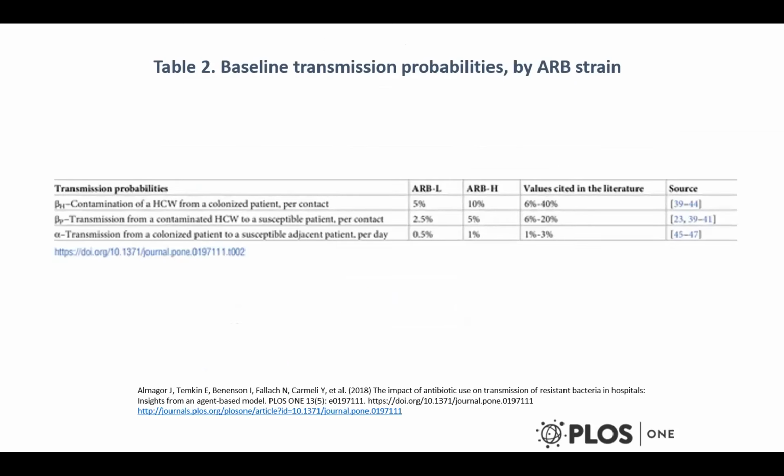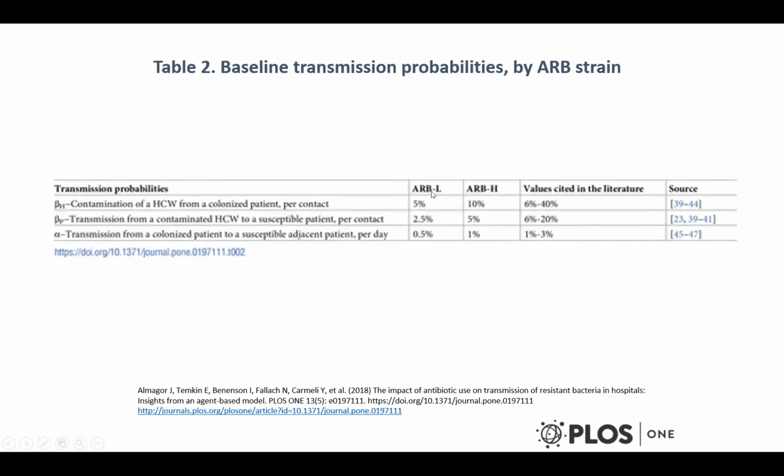If you look at some of the baseline transmission probabilities, they've got a couple of strains that they're talking about. So you've got ARB L and ARB H, antibiotic-resistant bacteria. L is low risk of transmission, H is high risk of transmission. So what they've assumed in this, and this is once again based on numerous sources of reference that show that these values are a reasonable ballpark.